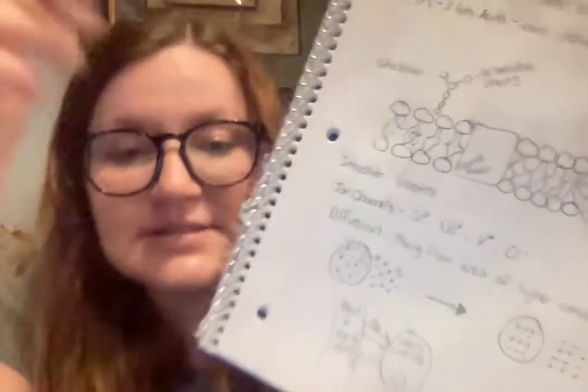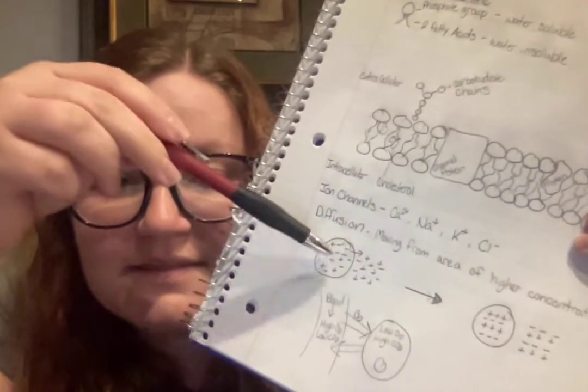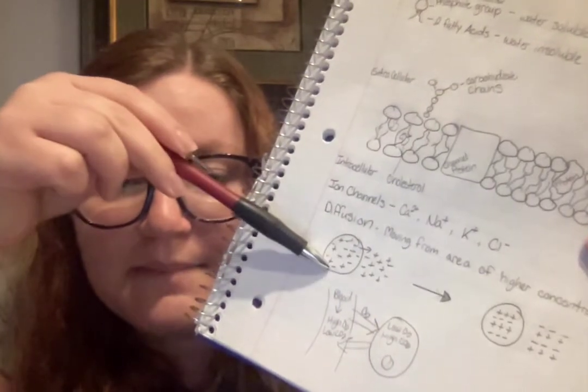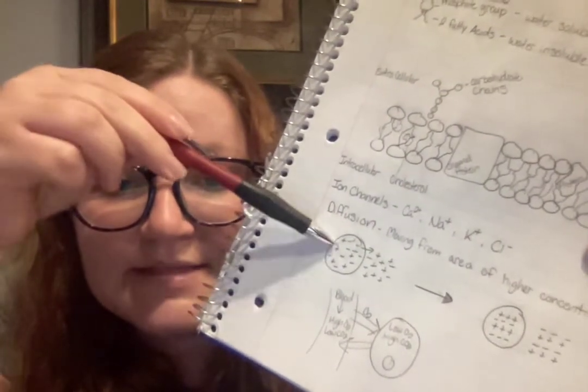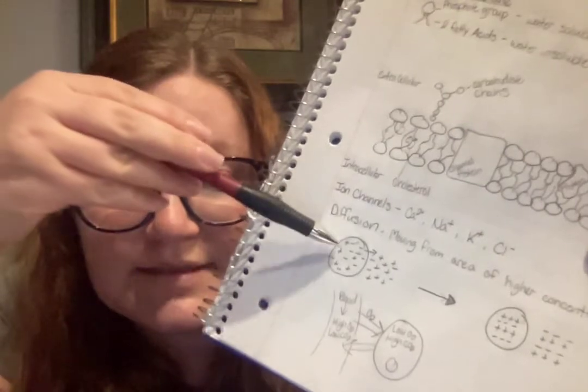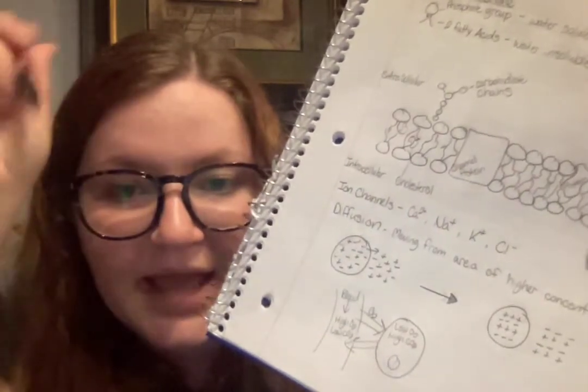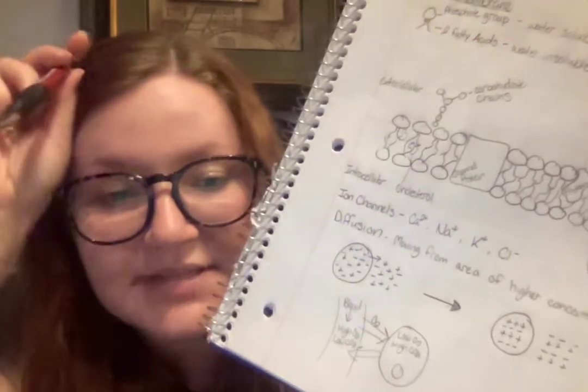But most of the time, our cell membrane is just doing diffusion. So diffusion is just a solute moving from an area of higher concentration to an area of lower concentration. Here you can see, we can say that maybe this is a cell. There's that membrane. Inside this cell is more of that negative energy, my little negative signs.